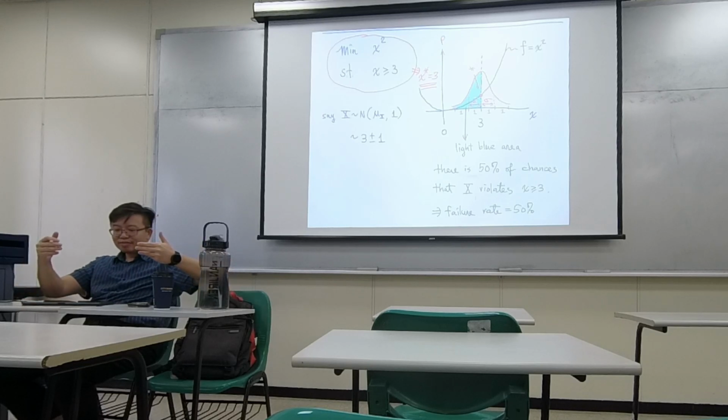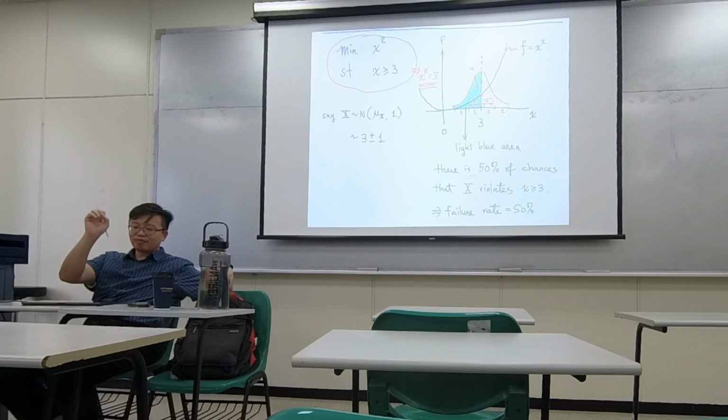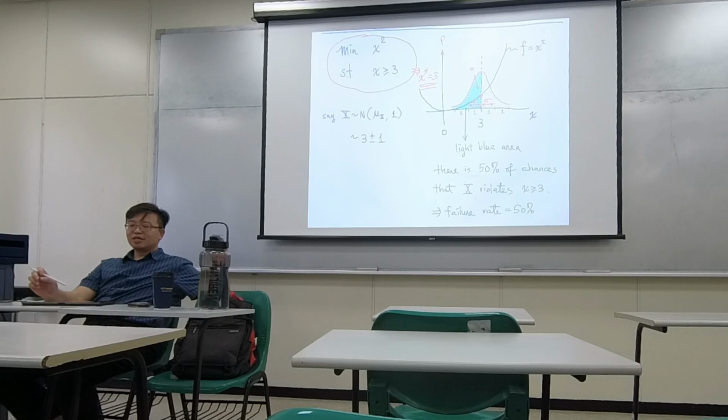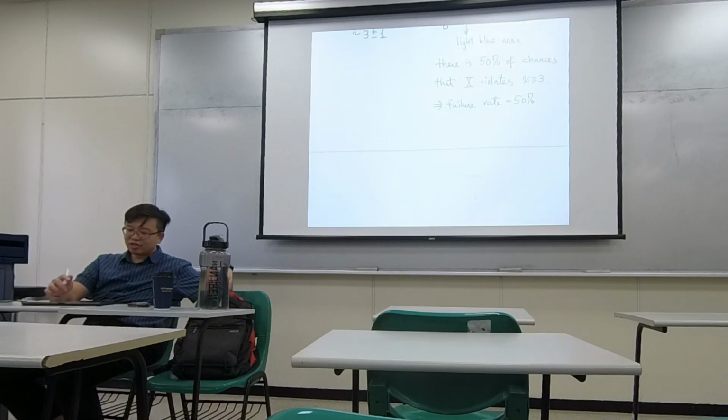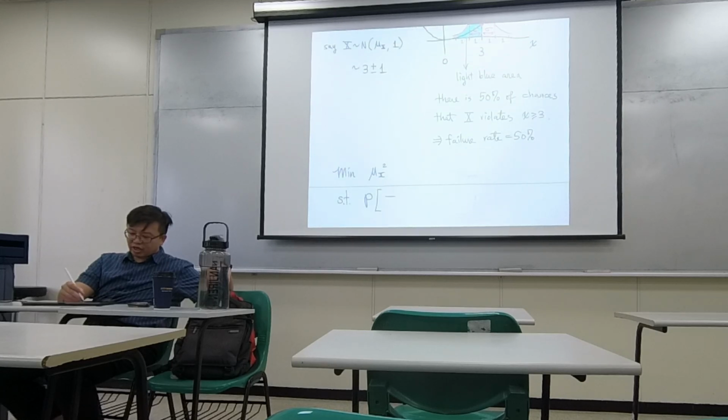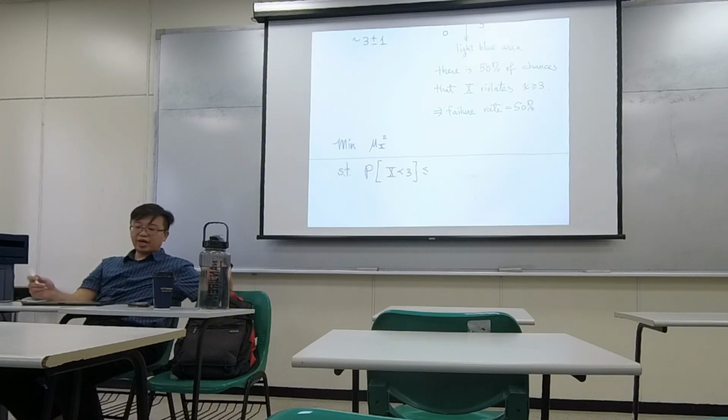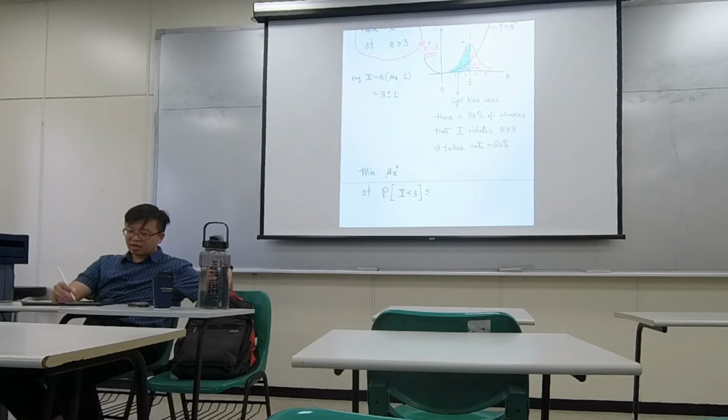Can we control the position of mu x so that I can control the failure rate? So the problem is, how do I control failure rate? How can I minimize mu x squared subject to the probability that random x is smaller than 3 being 1%?